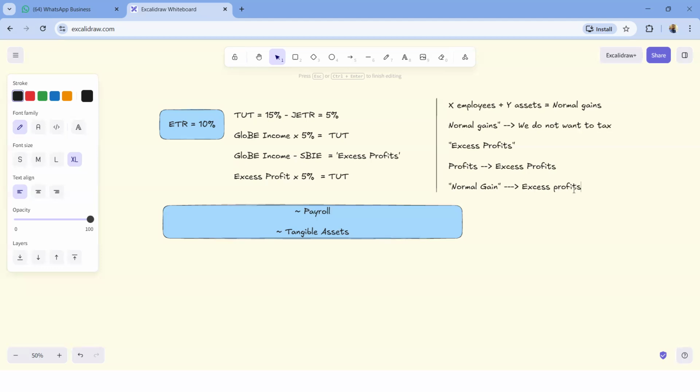So that's what we are targeting, and hence they are giving an SBIE, or a substance-based income exclusion. Can you give me a thumbs up if you understood the rationale why there is an additional SBIE? Because whatever you get here is normal gains. We only want to tax excess profits. That is why we are giving a substance-based income exclusion deduction.